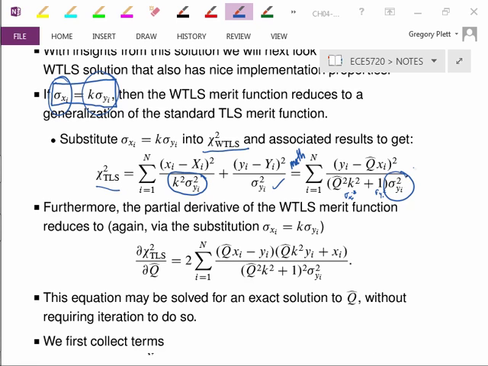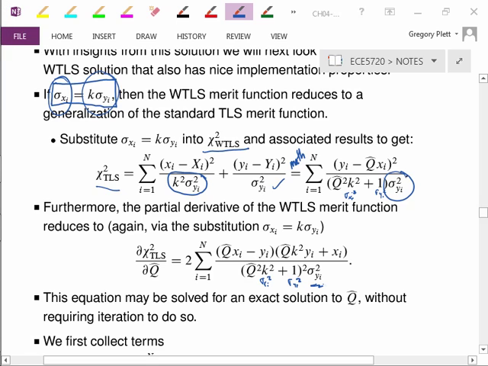We'll see that when we do the gradient of this, the Jacobian. We had a Jacobian before where I had a sigma x_i squared and a sigma y_i squared, but when I substitute sigma x_i squared equals k squared sigma y_i squared, that allows me to factor this term out.